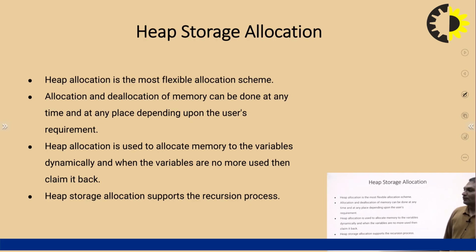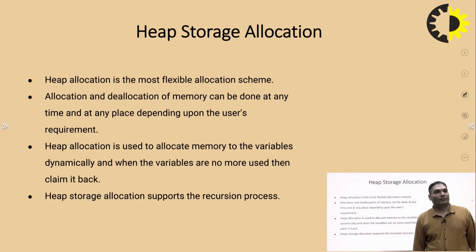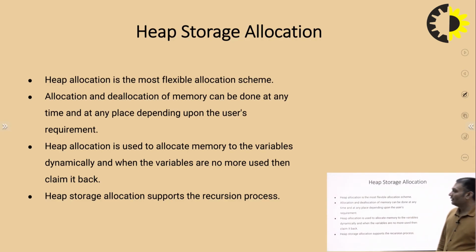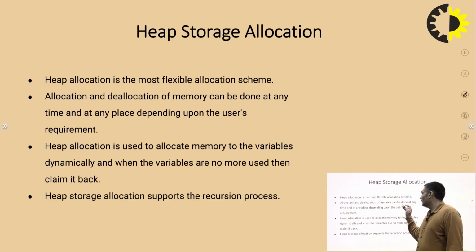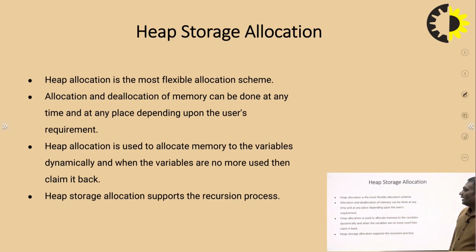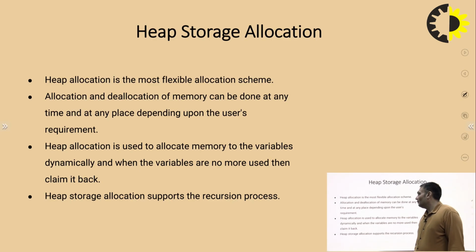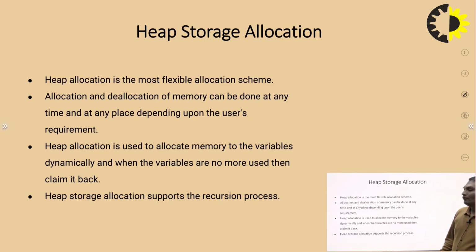Another type of storage allocation is the heap based allocation. Heap is the most flexible allocation scheme, and allocation and deallocation of memory can be done at any time. In static allocation, generally it is done at the beginning of the compilation, but here it can be done at any time and at any place depending upon the user requirement.